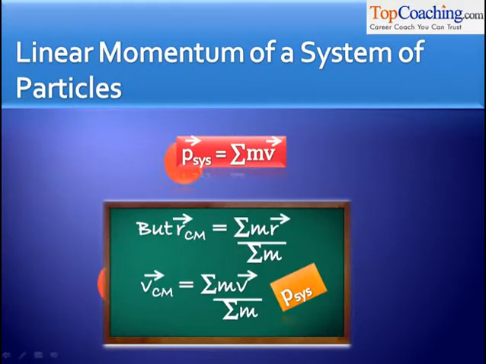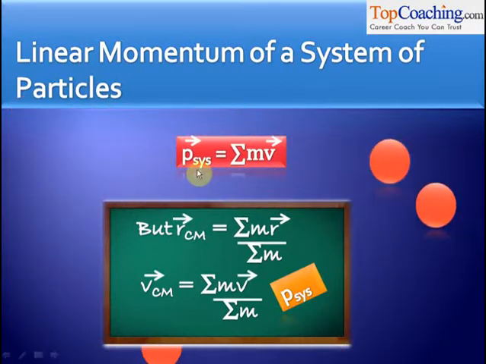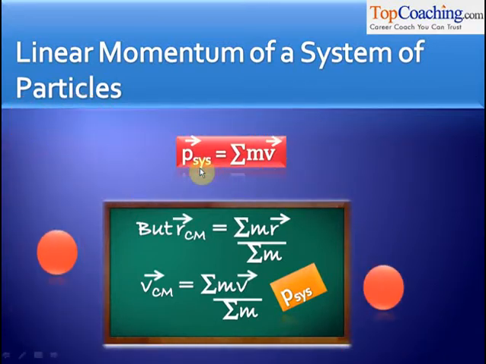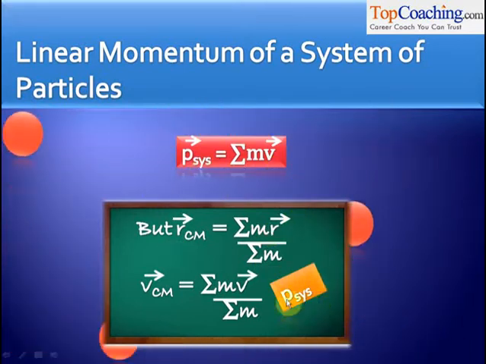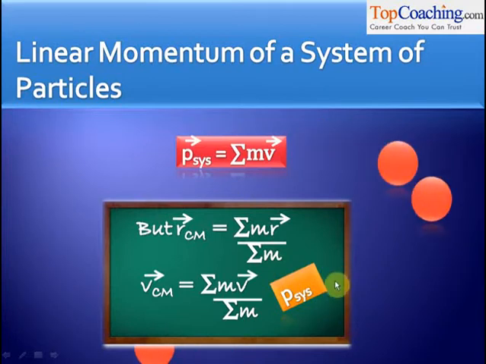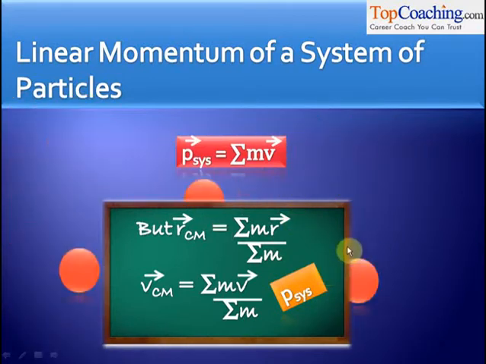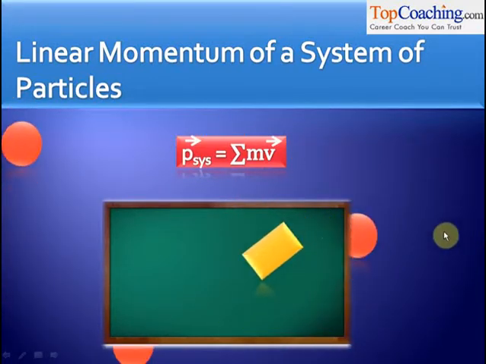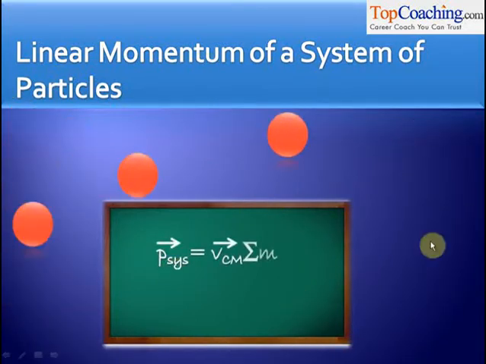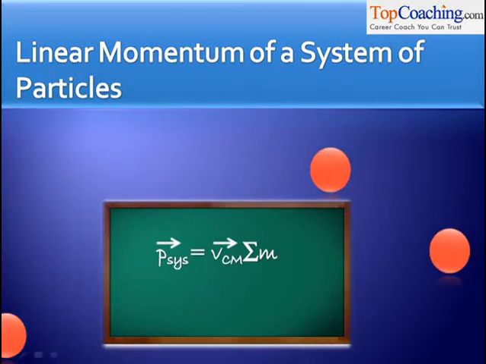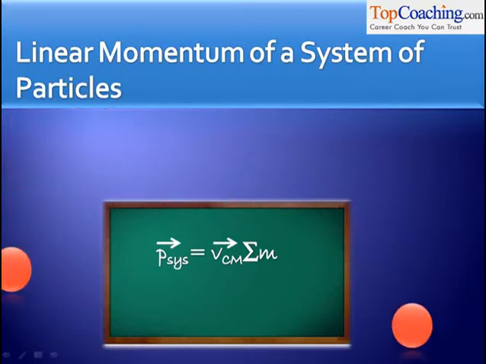But sigma mv is basically the linear momentum of the system, isn't it? That's what we just wrote here. We said P equal to sigma mv. Therefore, we can replace sigma mv vector by P, that is the linear momentum of the system. When we do that, this is what we get. Linear momentum of the system equal to velocity of center of mass into sigma m.